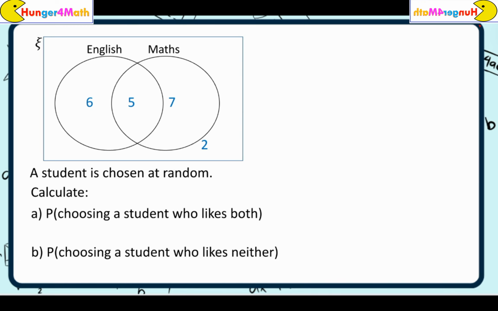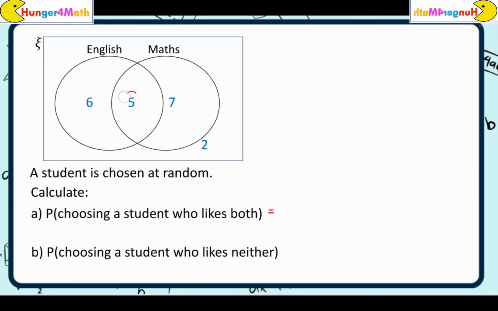Now let's use the Venn diagram to answer the following problems. A student is chosen at random. Calculate A, the probability of choosing a student who likes both. Letter B, the probability of choosing a student who likes neither. So letter A, the probability of choosing a student who likes both.